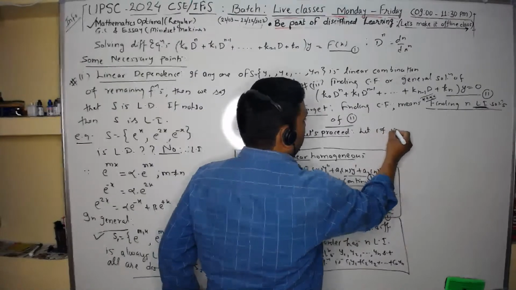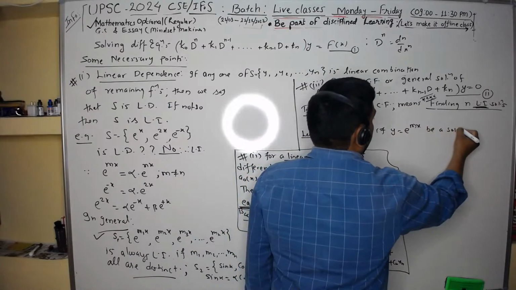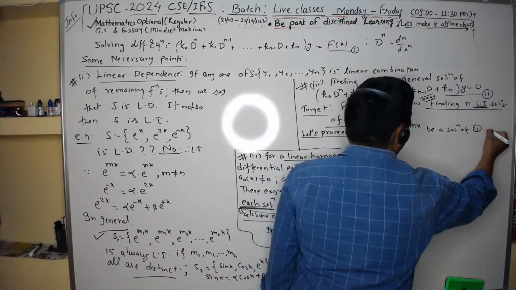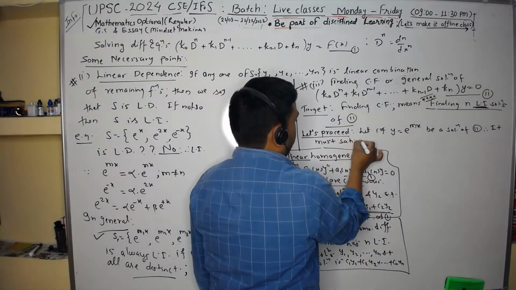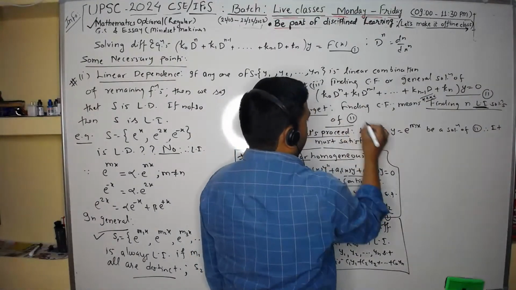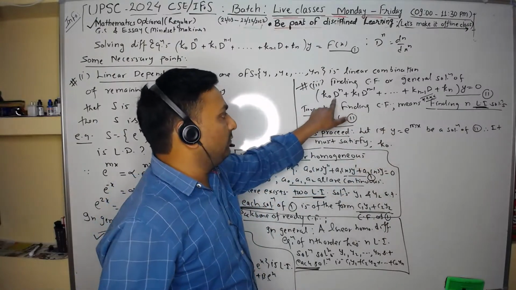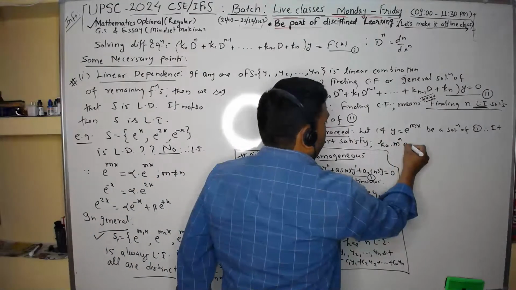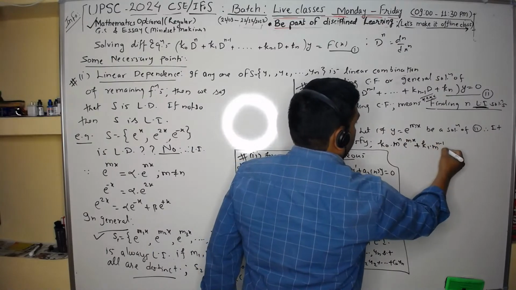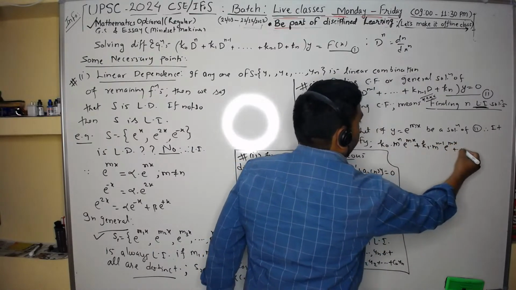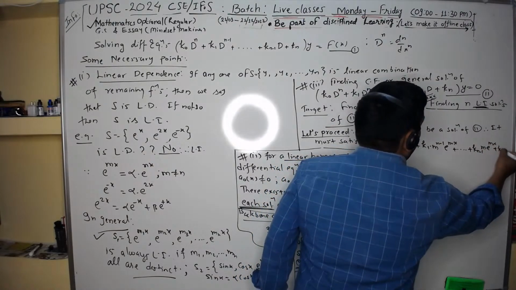Let y equals e^(mx) be a solution of 2, so it must satisfy it. Let's satisfy it. k0 times the n-th derivative of y will give m^n e^(mx), plus k1 m^(n-1), plus ... plus k(n-1) m, plus kn.